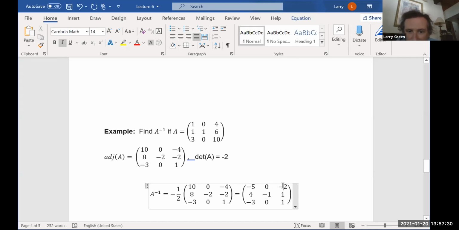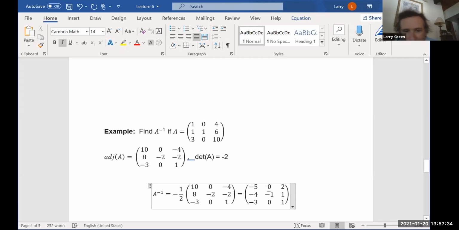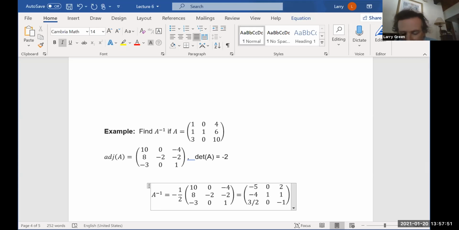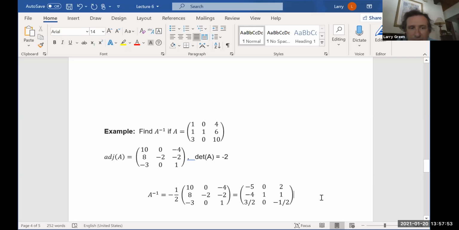So 0, 2. And then we have -4. And then +1, +1. And then we're going to have +3/2, 0 and -1/2. And that's our inverse.